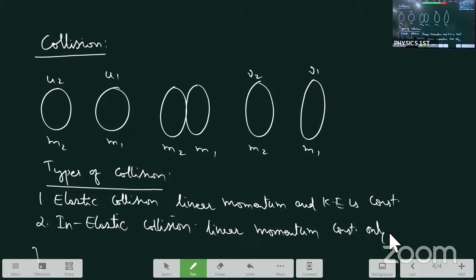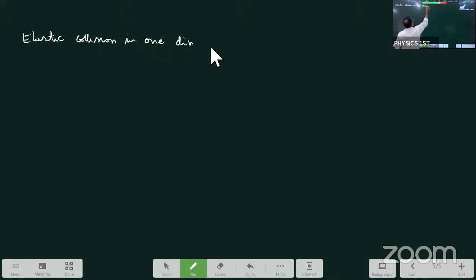The next topic is elastic collision in one dimension.